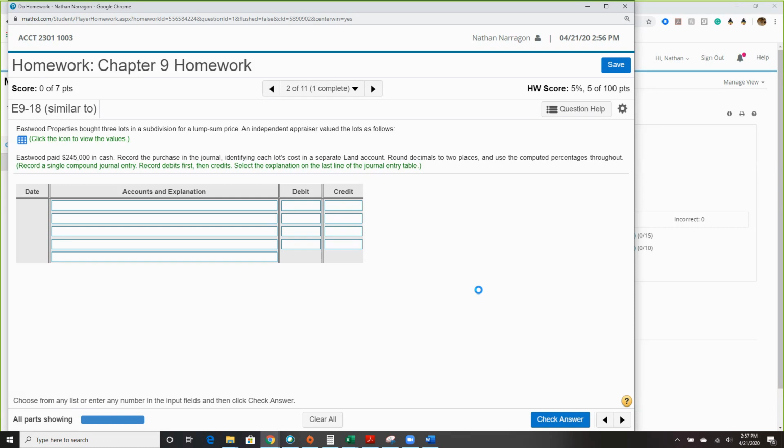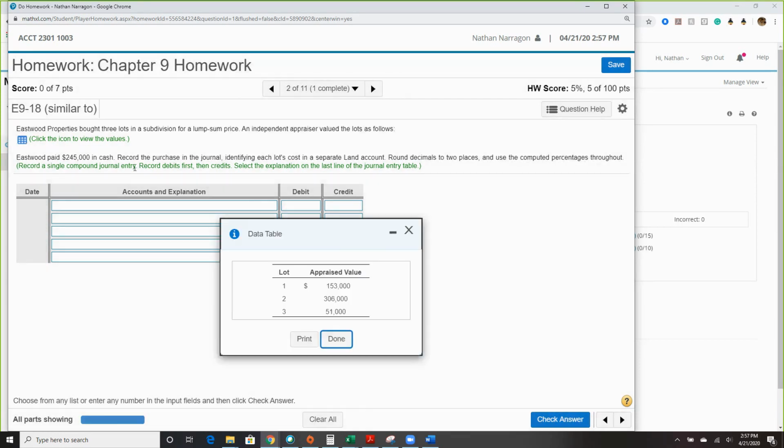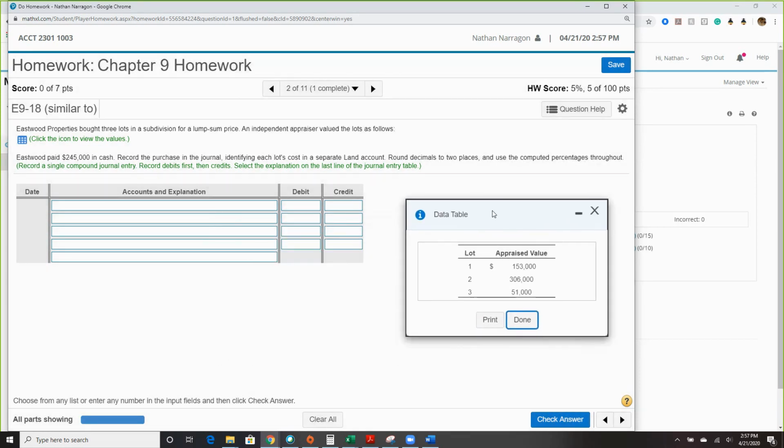Alright. So Eastwood Property bought 3 lots in a subdivision for a lump sum price. Hey, lump sum. And we're going to have some appraising. There's our appraising going on.